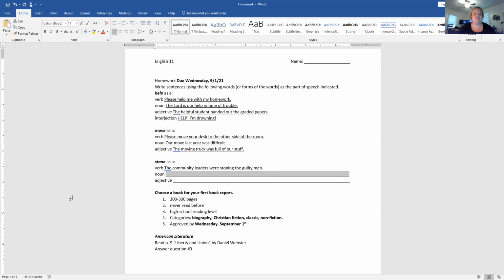All right, so stone as a noun. That's pretty easy. The stone skipped across the water. There we go. So stone is acting as the subject, therefore it must be a noun. All right, so if we look at it as an adjective, we have stone walls.